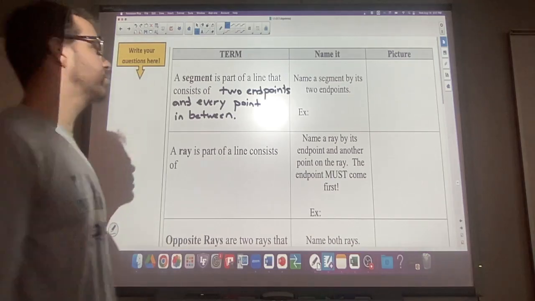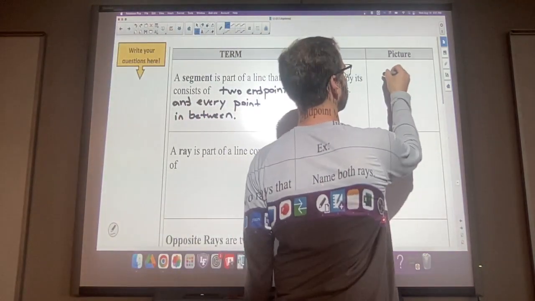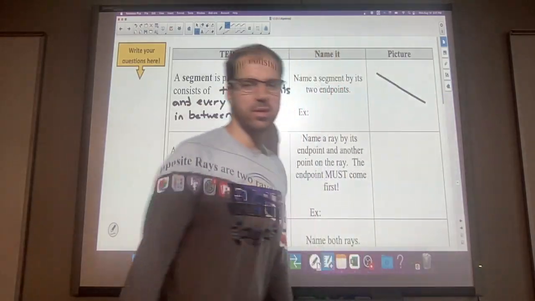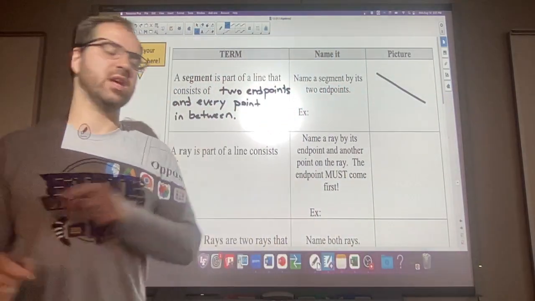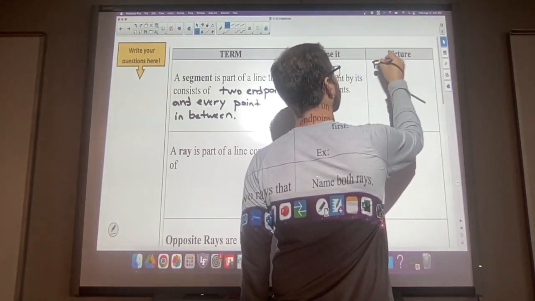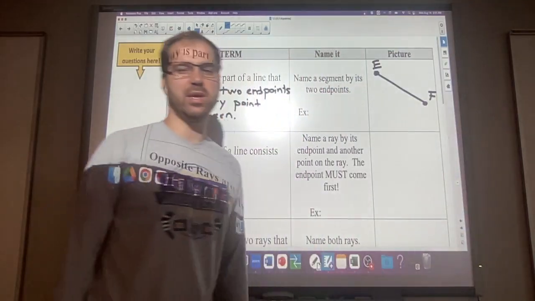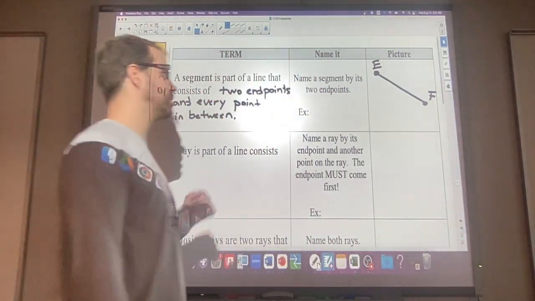Let's do a picture here, and I'll explain how to name it first. Really, a segment is like a line that does not go on forever. We have 2 endpoints and everything in between. We have E and F, and we put a point on the end because it does not keep going. Don't put an arrow, this is a segment.